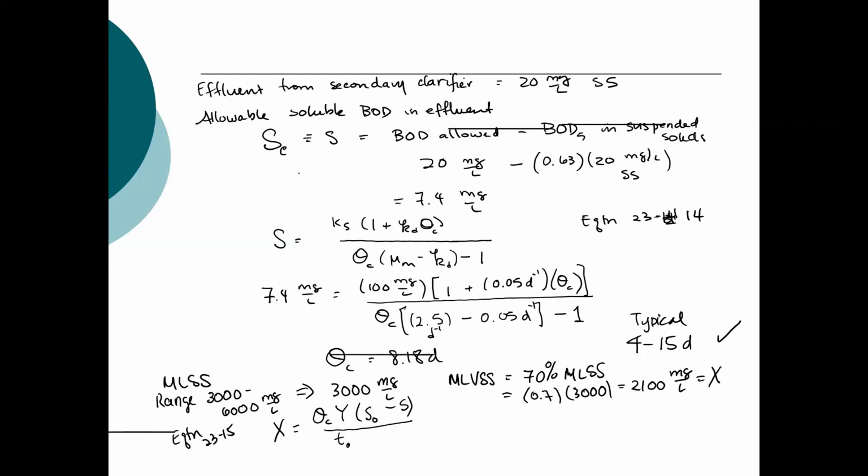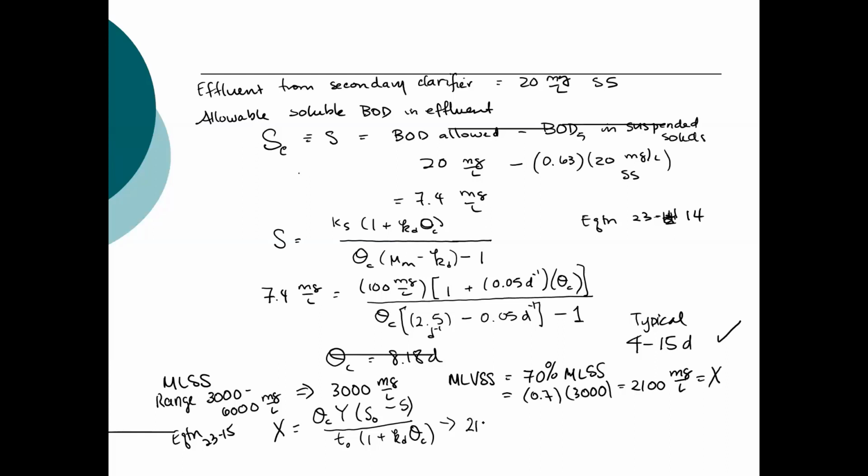We have two different detention times. We have a mean cell residence time, that's what we've just solved for here, theta C, times 1 plus KD times my mean cell residence time.